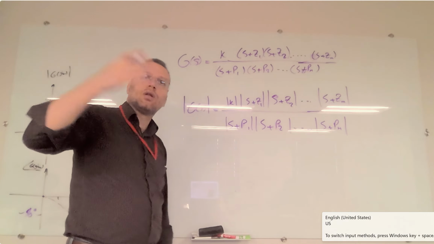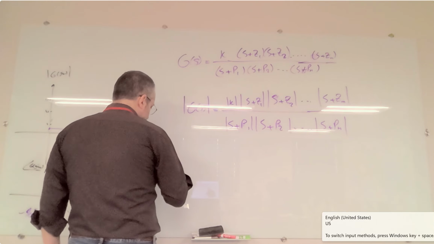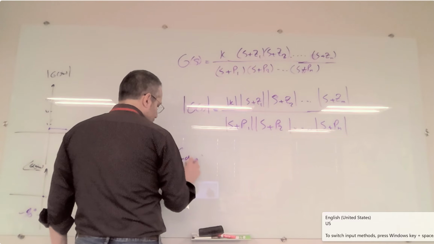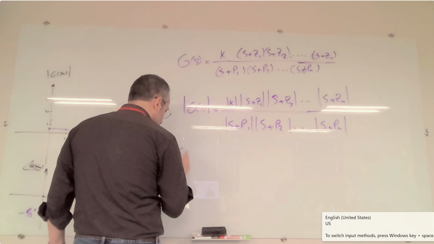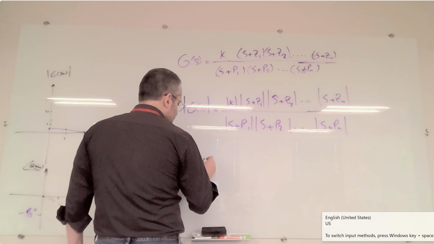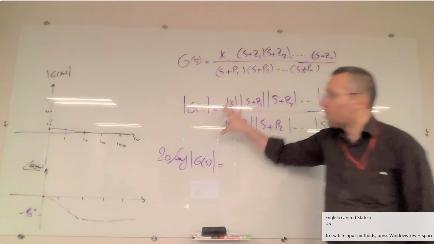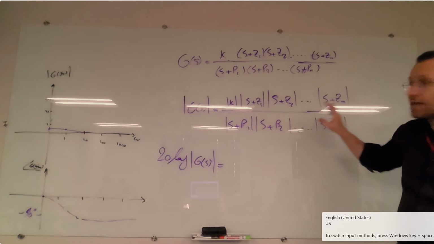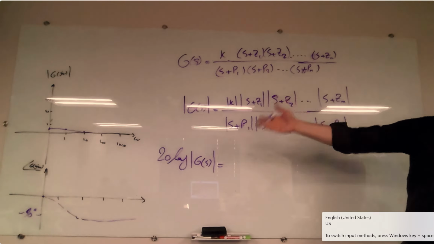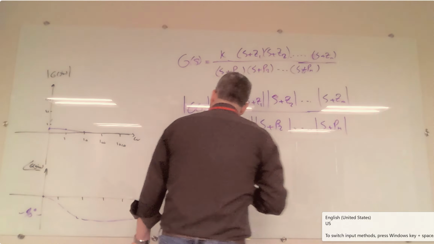So if I write the amplitude in a decibel way, it's 20 times the log of my amplitude. Now it's 20 log of all these. What's going to happen is that the multiplications become summations and the divisions become subtractions in the logarithm. It's the property of the logarithm, as in its definition.